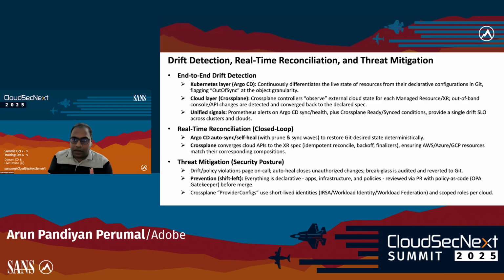And at the cloud layer, Crossplane keeps watching the external resources like databases or networks. So if someone makes changes to that database or networks, it detects it, and then it performs a reconciliation. It brings back the configuration to what is there in the Git repo.